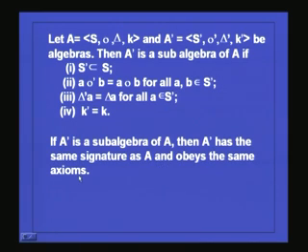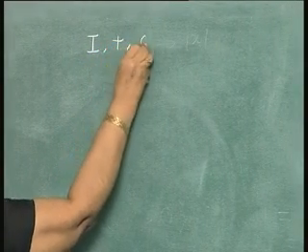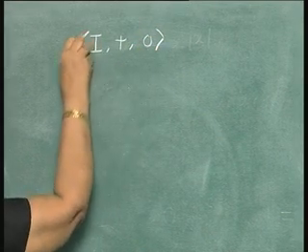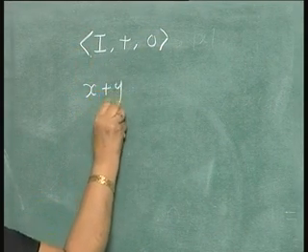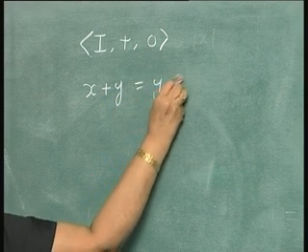In general, you have a set of axioms obeyed by this. For example, take the same example again: the set of integers, plus and 0. This is an algebra and it will obey the commutative law, x plus y equals y plus x.